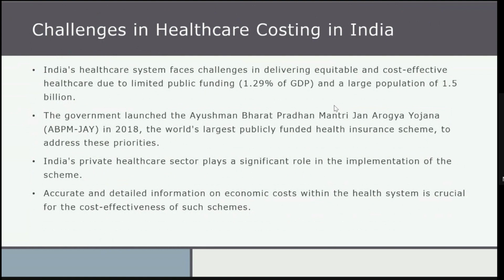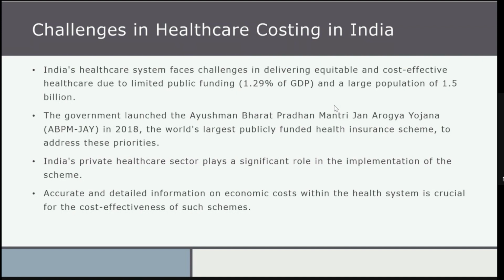So, what are the challenges as far as healthcare costing in India is concerned? It's quite challenging because of limited public funding. We spend less than 2% of GDP, with a huge population. We are more than 1.5 billion now, and we have a few schemes like Ayushman Bharat, Pradhan Mantri Jan Arogya Yojana, which is also a highly public funded scheme.